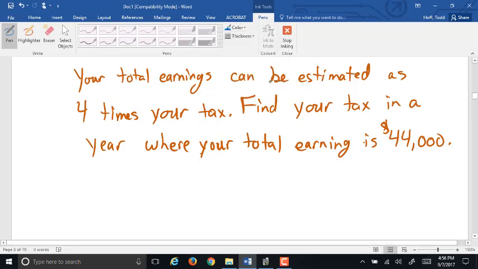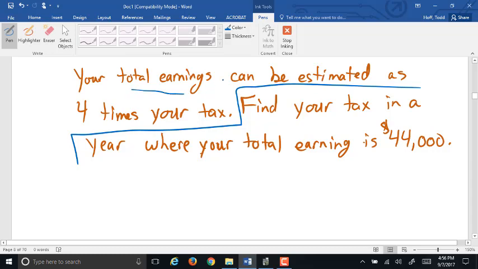Now, again, I'm assuming most of you look at this and you see, well, we're just going to take 44,000 divided by 4, and that would be our tax. But we want to practice writing an equation. So it's probably easiest if we don't even look at this last part. The first part here defines the equation we're going to write. Your total earnings can be estimated as 4 times your tax.